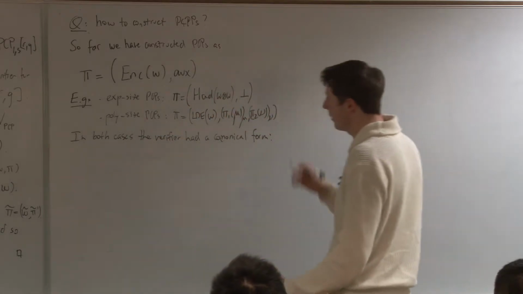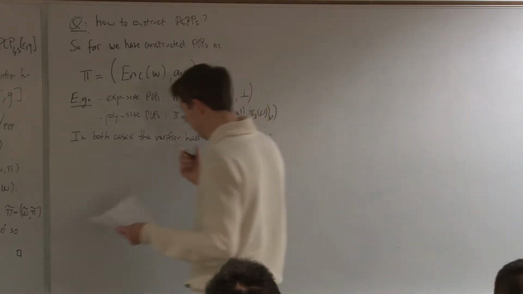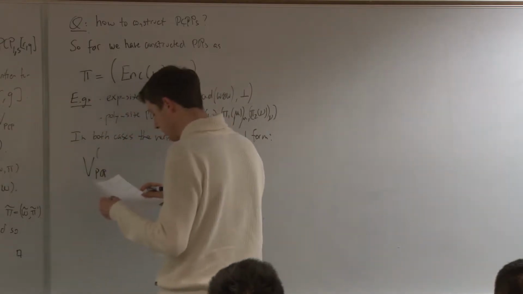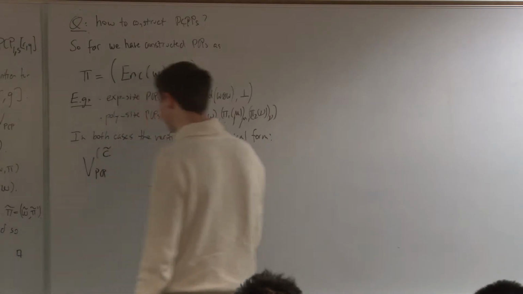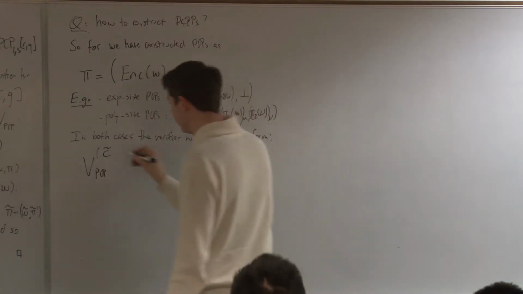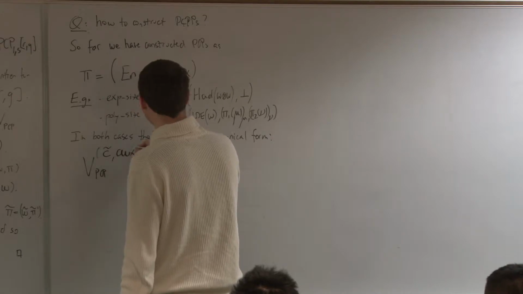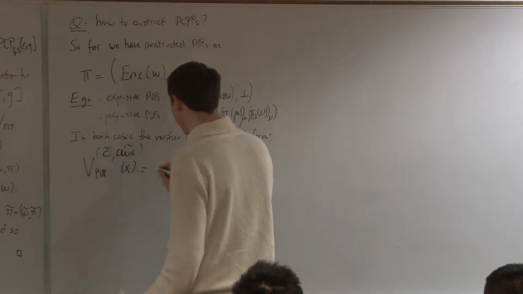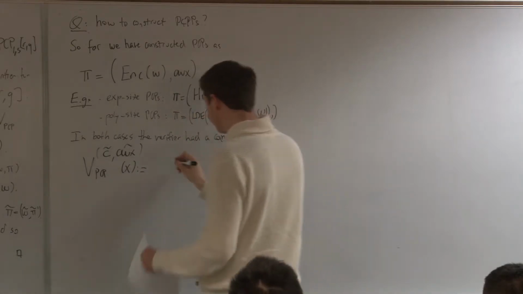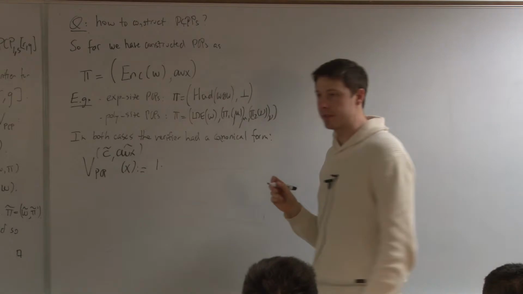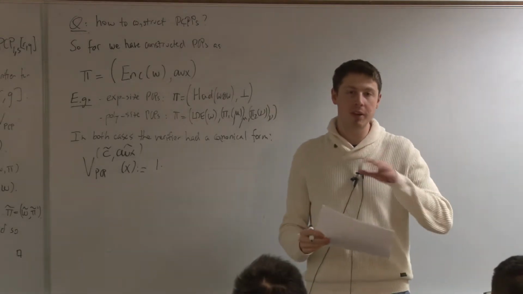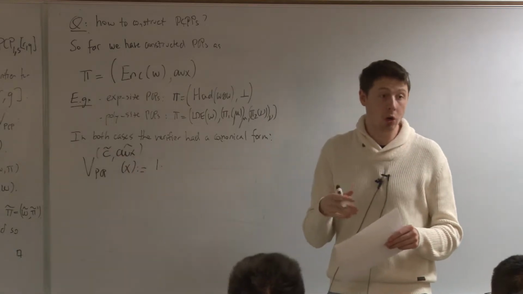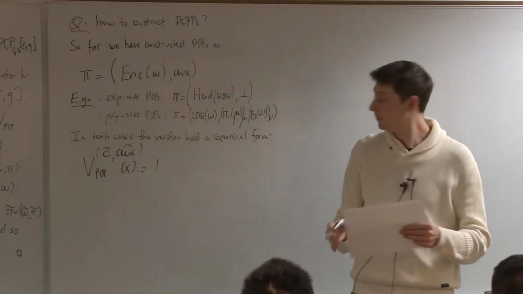Okay, the verifier really looked the same at a high level. So we had the verifier. It was given access to a candidate encoding, a candidate code word C tilde, and some candidate auxiliary information, right? And the first step was, even before I think about satisfiability, let me make sure that whatever is written here is close to a code word, okay?